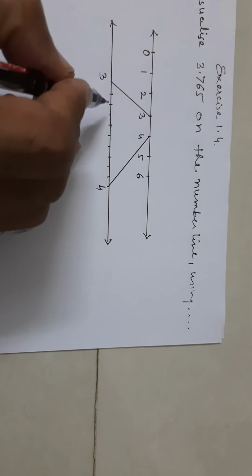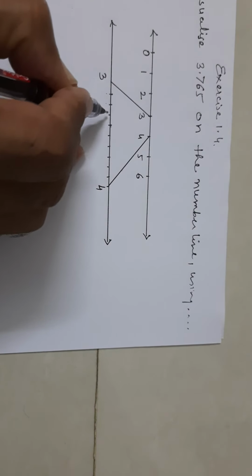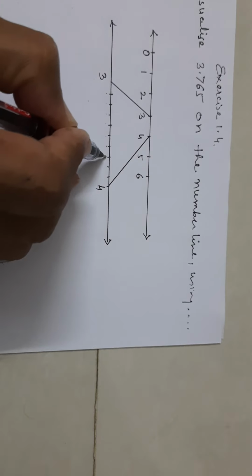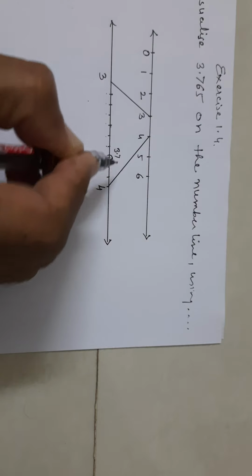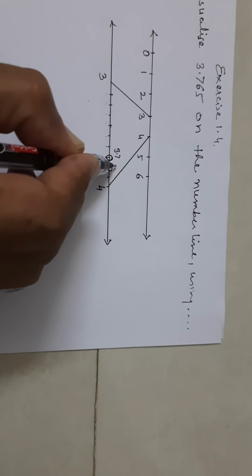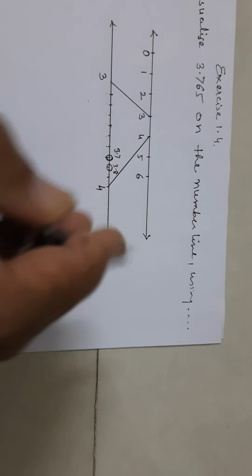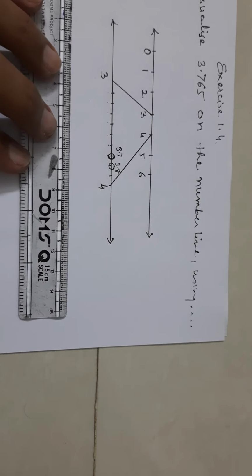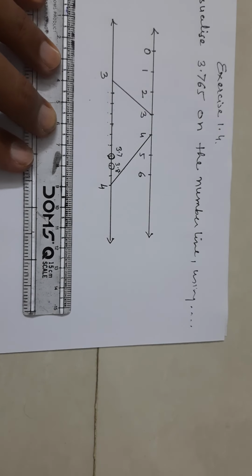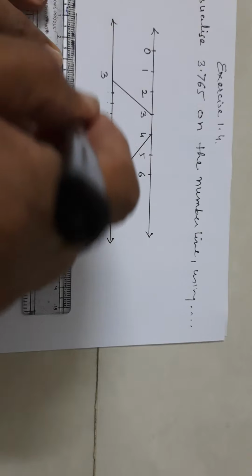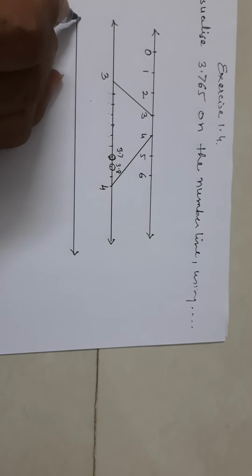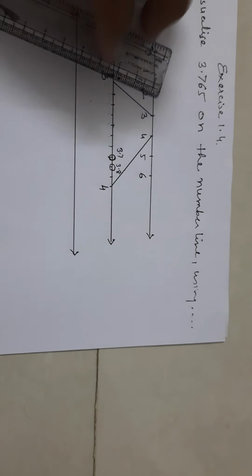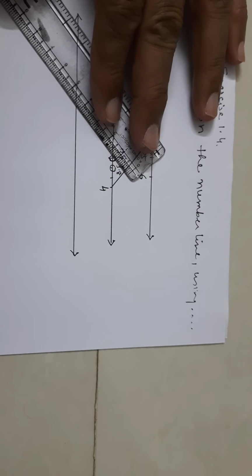Now 3.7. So this is 3.1, 2, 3, 4, 5, 6, 7. This is 3.7. And this is 3.8. Which we bring on the number line. So here we have 3.7.